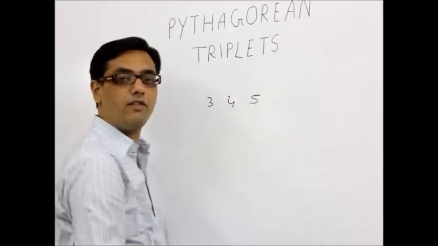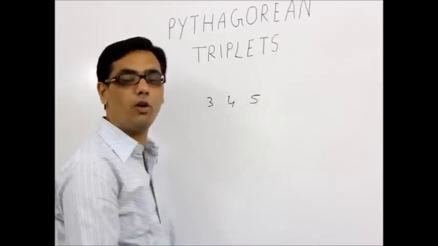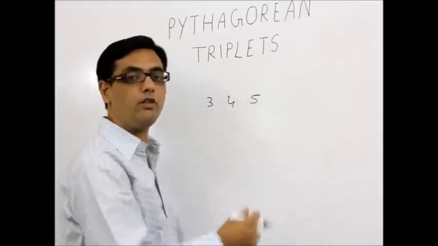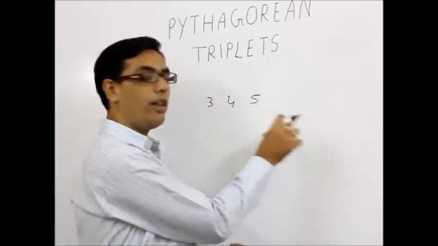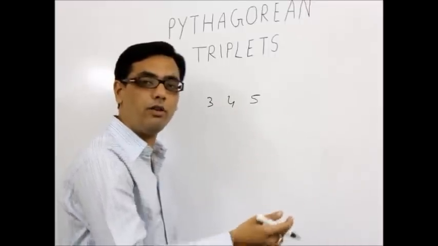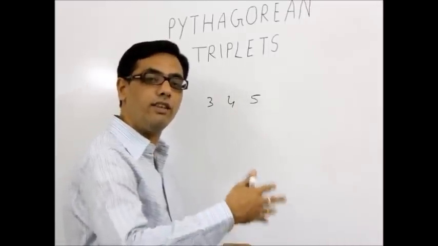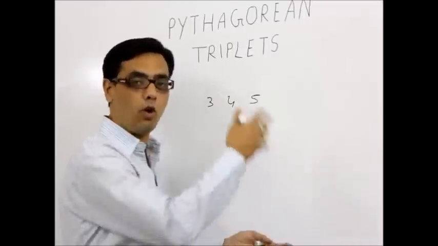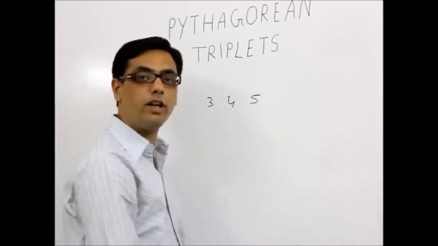Now if 3, 4, 5 is a Pythagorean triplet, so is 3k, 4k and 5k. All multiples of them will be Pythagorean triplets as well.